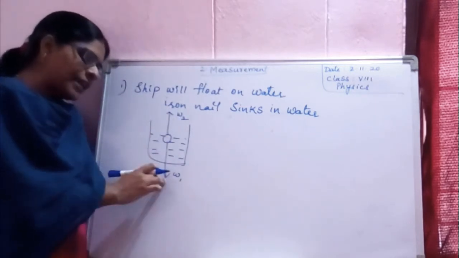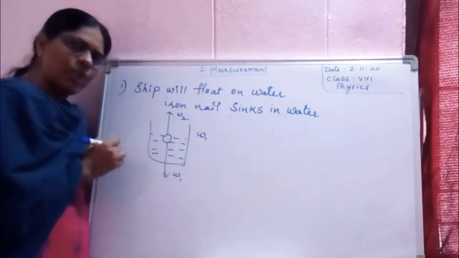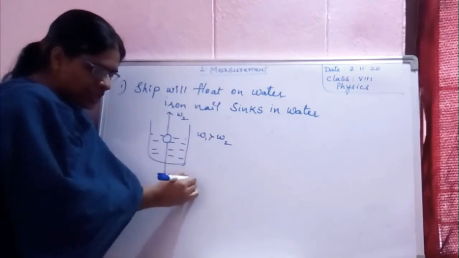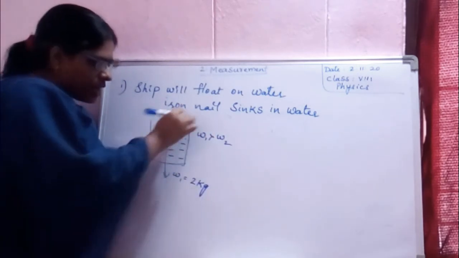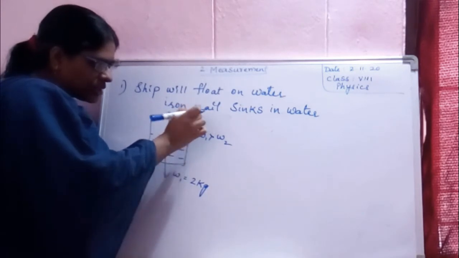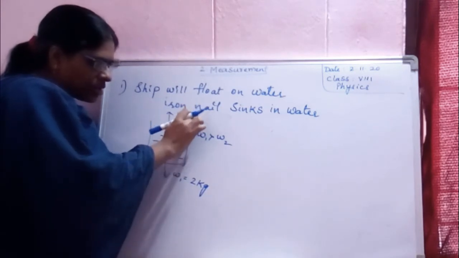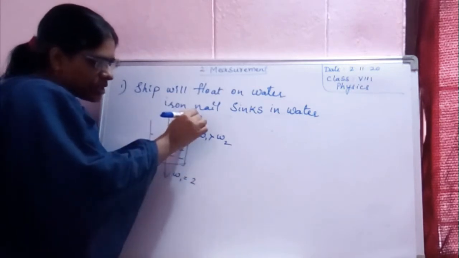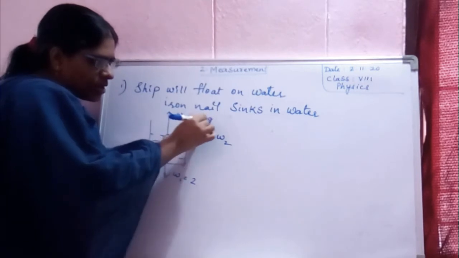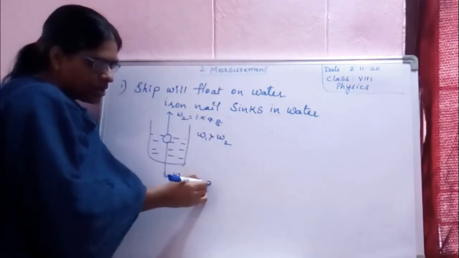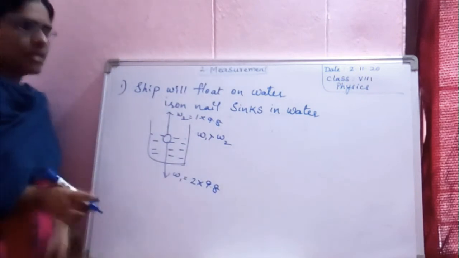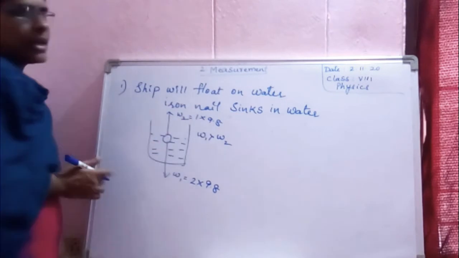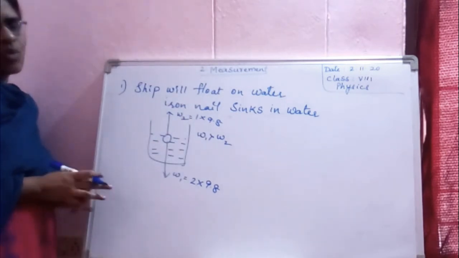Say, if the weight of the object W1 is greater, that means let us assume it is 2 kgs and the weight here is, let us see, weight is 2 into 9.8 and 1 into 9.8. Which one is more now?